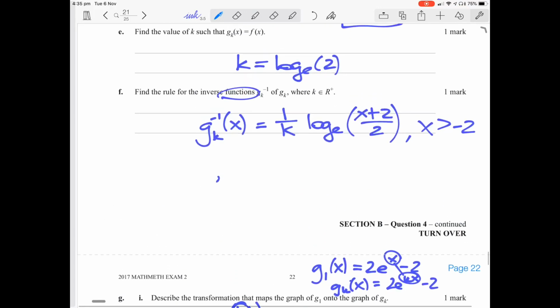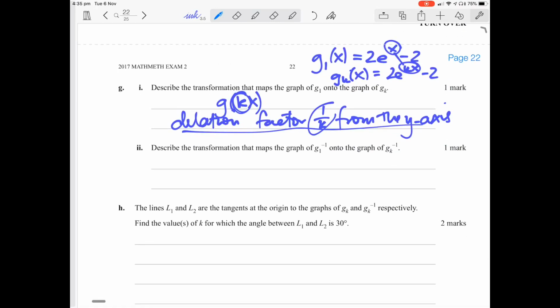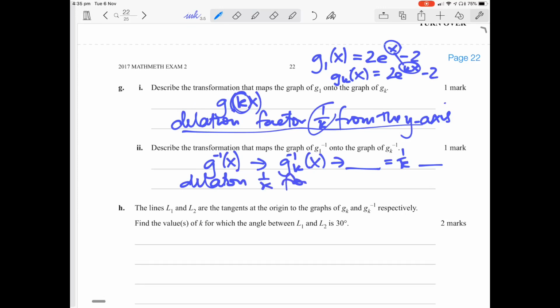Describe the inverse. Okay, so if I put 1 into this, we get g inverse to g_k inverse of x. So I've just got the normal function, and that goes to 1 on k times the same function. So that's a dilation of 1 on k from the x-axis.